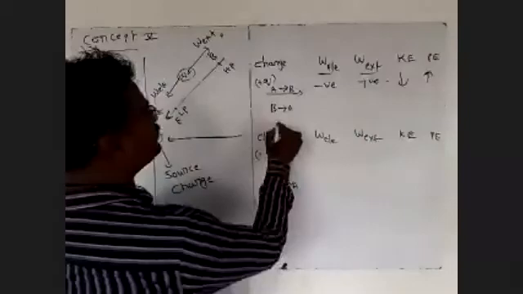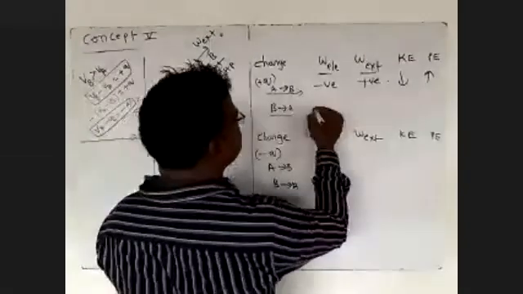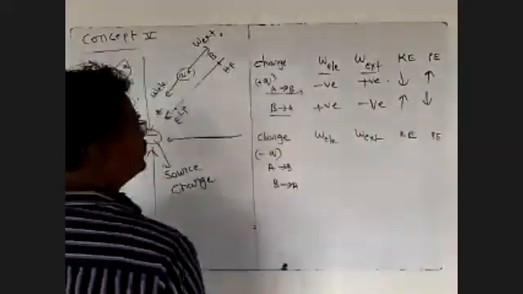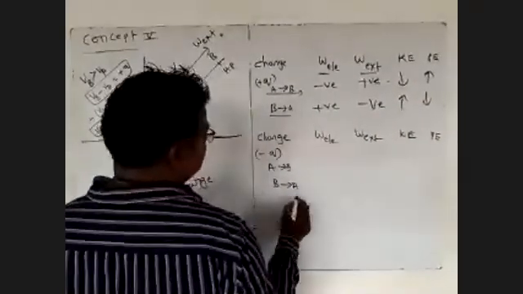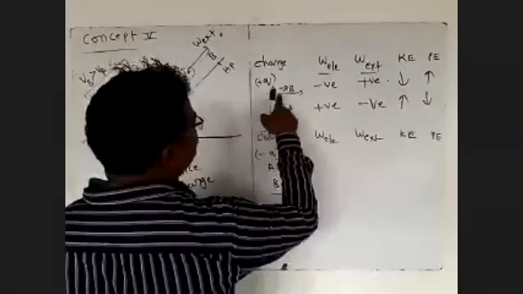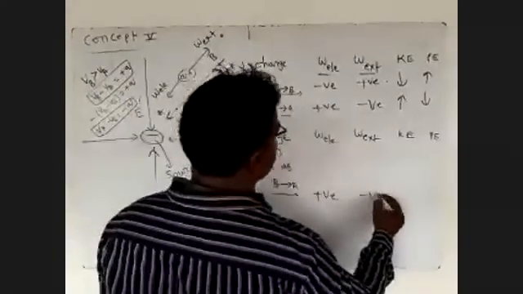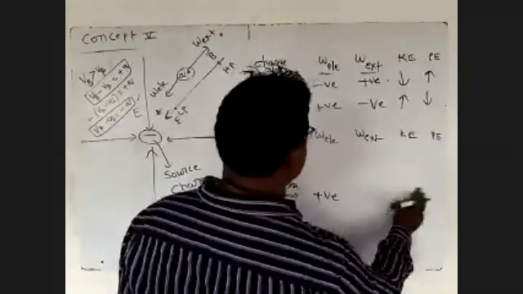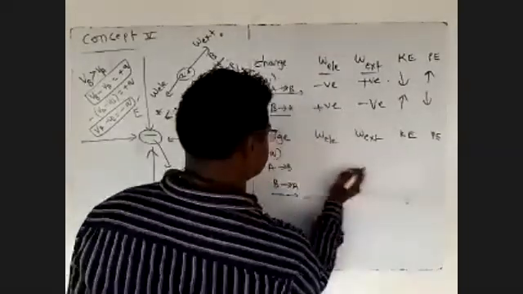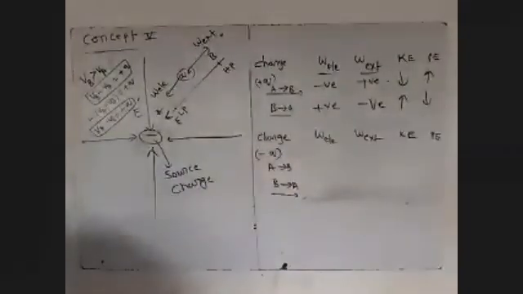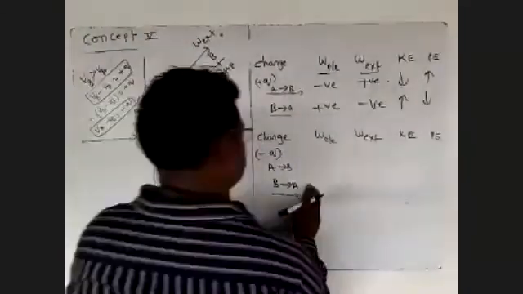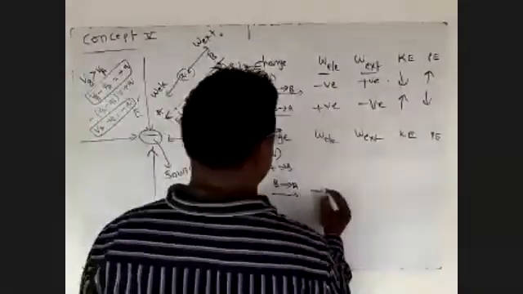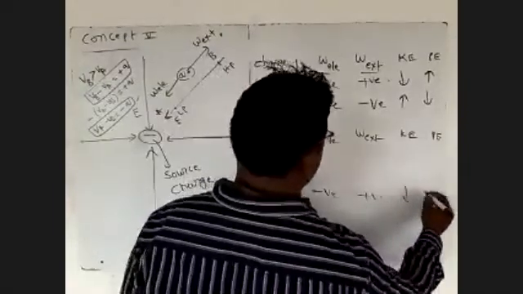A to B is reversed. This is positive, this is negative, increase, decrease. For the negative charge, this is opposite: positive, negative, and decrease. For this one, we write negative, positive, decrease, increase.